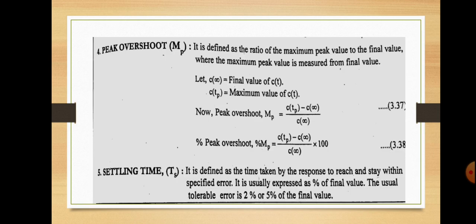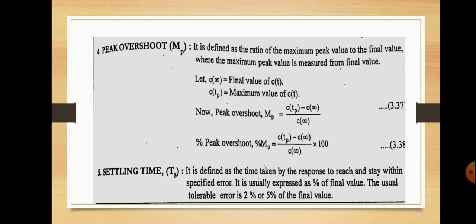So we can say that C of infinity is the final value of C of t, and C of Tp is the maximum value of C of t. So peak overshoot Mp can be written as C of Tp minus C of infinity divided by C of infinity, and percentage of peak overshoot can be found by C of Tp minus C of infinity divided by C of infinity into 100. You should remember this relationship, and it will be useful for doing problems.